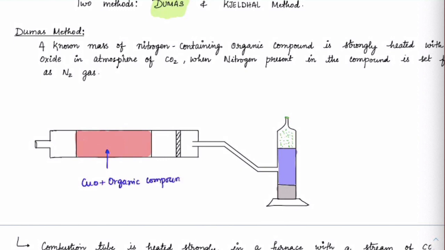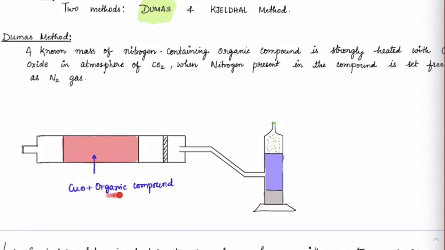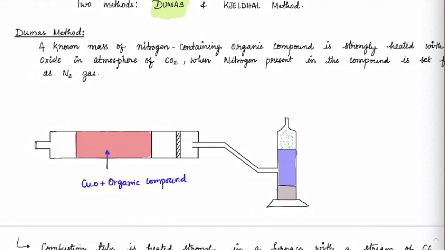Obviously, if I am trying to find out nitrogen, I always expect this organic compound to have nitrogen in it. And this is a hot furnace in which we are adding this, and I will keep a copper gauze here, right?